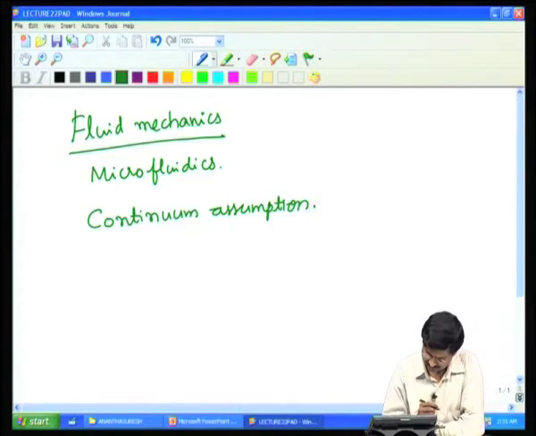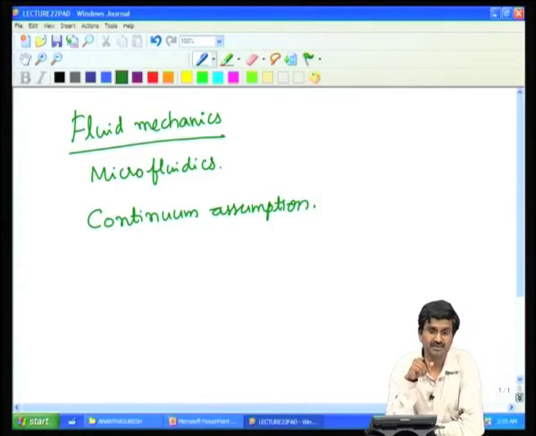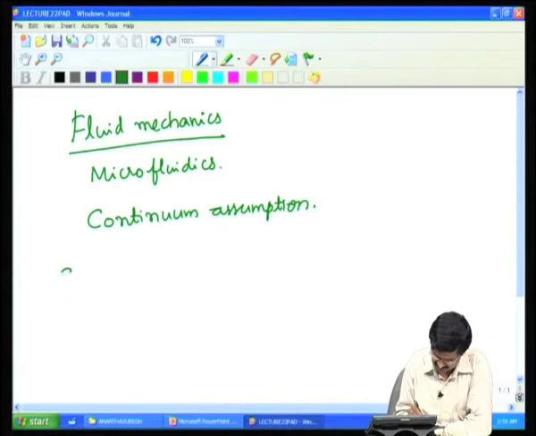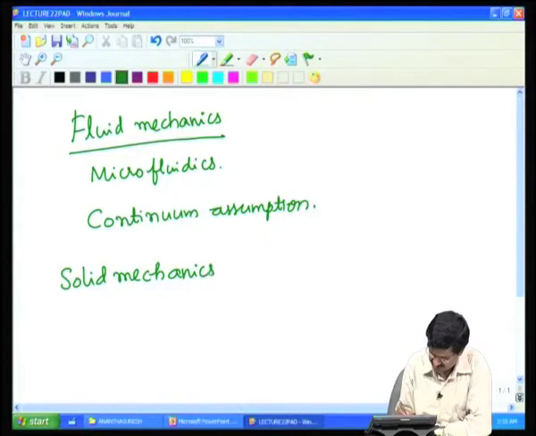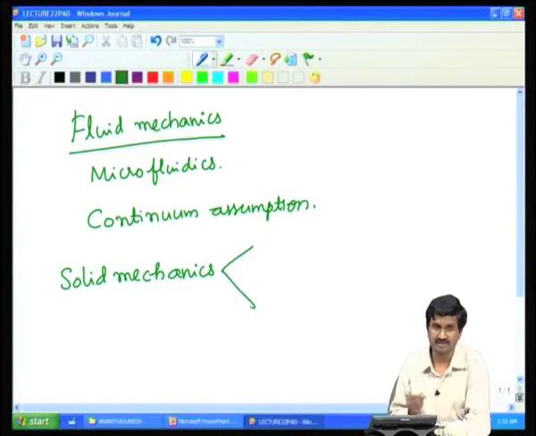And to write the governing equations for solid mechanics, let us just review that. In solid mechanics, we needed two things.